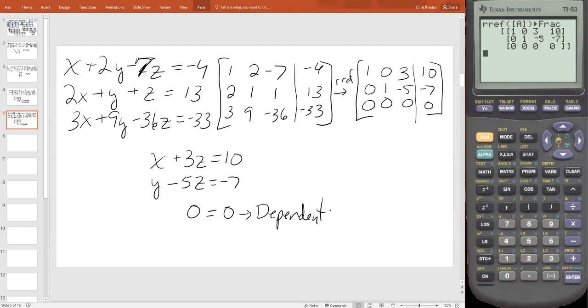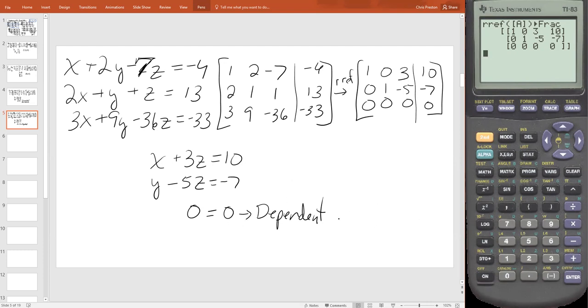Now, if you have more equations than variables, like if I had 4 equations with 3 variables, even if I had an answer, the bottom row would come out to be 0 equals 0. That doesn't mean it's dependent. That just means you had an extra row that you didn't need. In this case, I had exactly 3 equations with 3 letters, so I should get a single answer, but I got this bottom row of 0 equals 0. In this case, it does mean it's dependent.